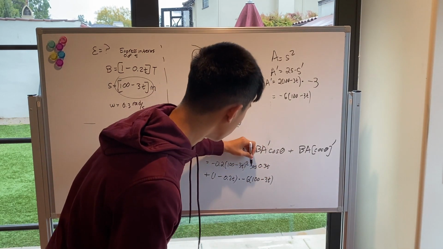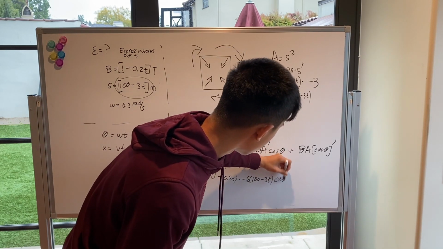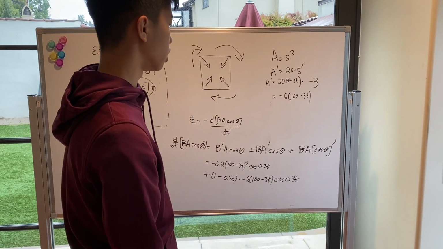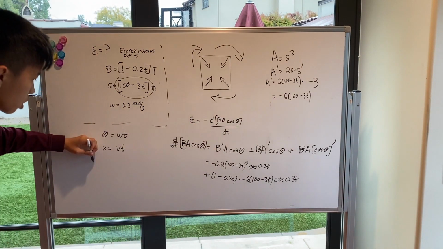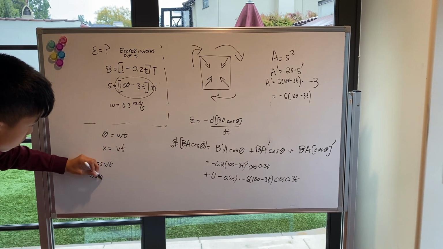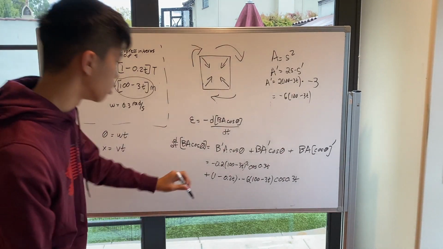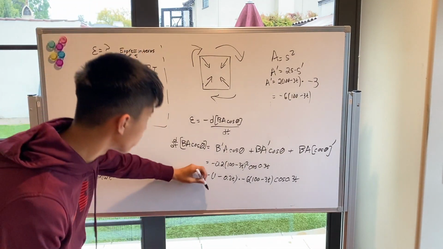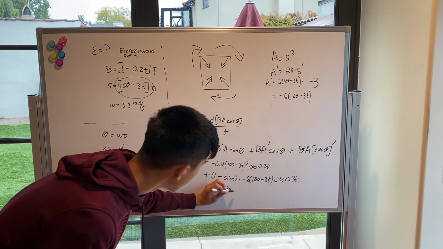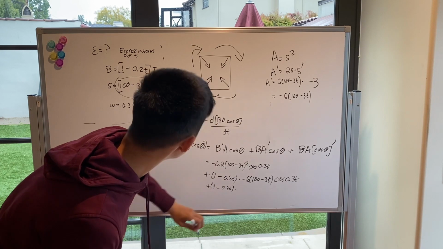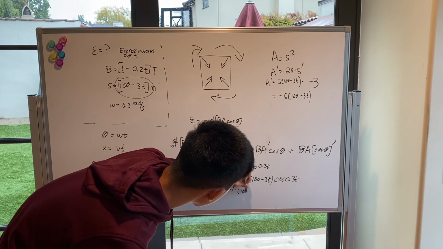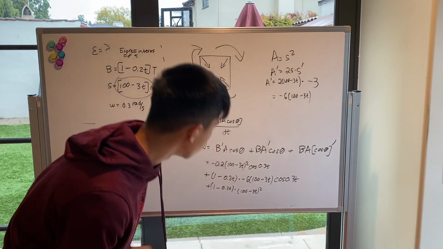And then we take that same cosine 0.3t from earlier. And then for the final one, well, we know that the derivative of cosine wt is just negative w sine wt. So let's add that to the bottom. So we have B, 1 minus 0.2t, times whatever we have here, so (100 minus 3t) squared.